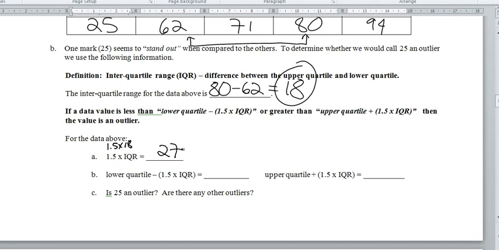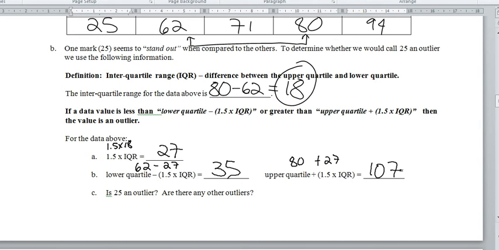If you take the lower quartile and subtract 27 from it, you get 62 minus 27, which is 35. If you take the upper quartile, which is 80, and add 27 to it, you get 107, which definitely nobody's scoring.